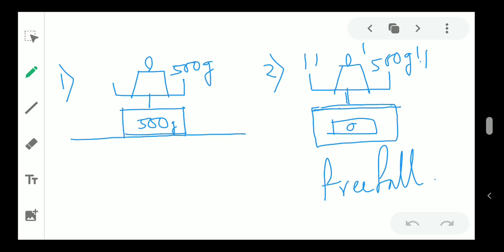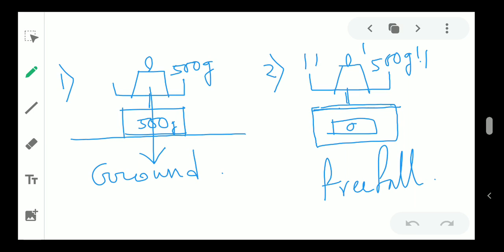So this is because of the normal reaction force. So you can see here, in the case when it is on the ground, this 500 gram is being given by the weight to the spring balance machine, and to this balance machine to the ground.